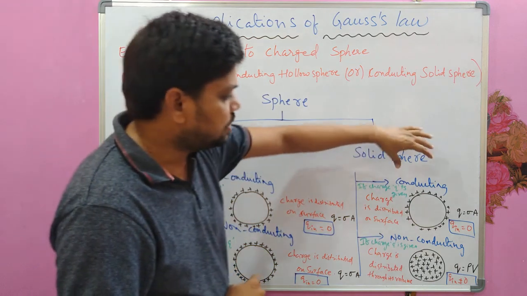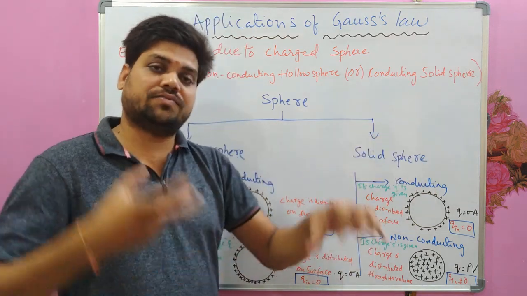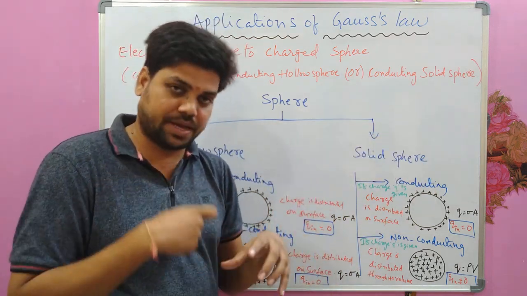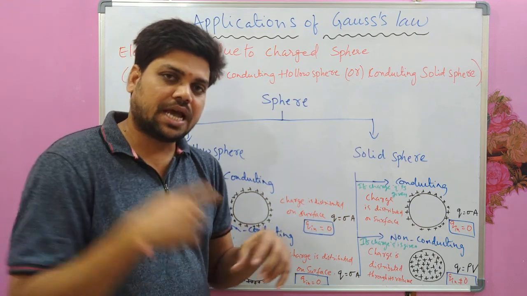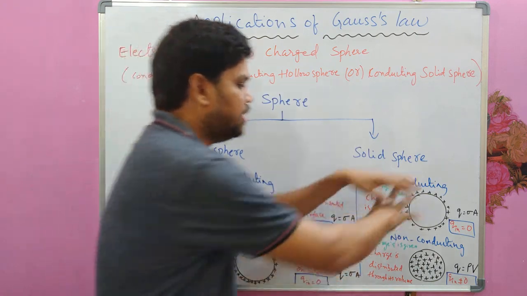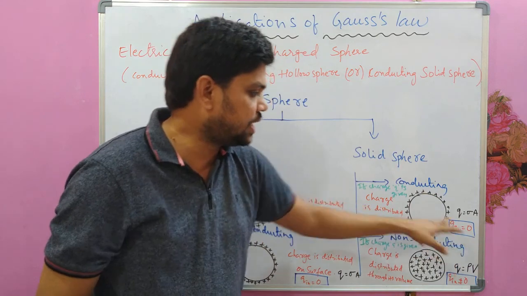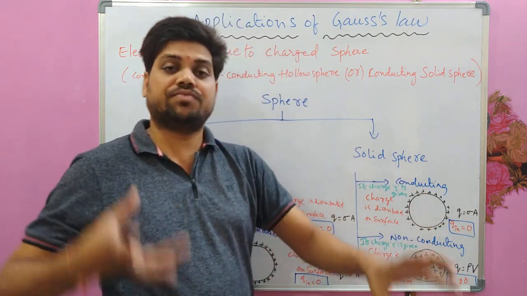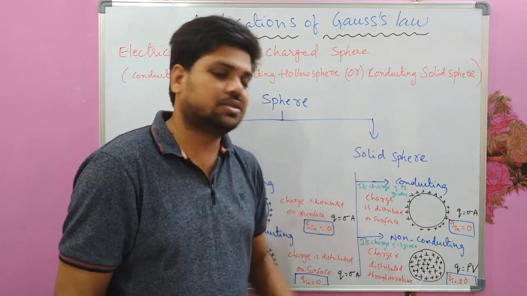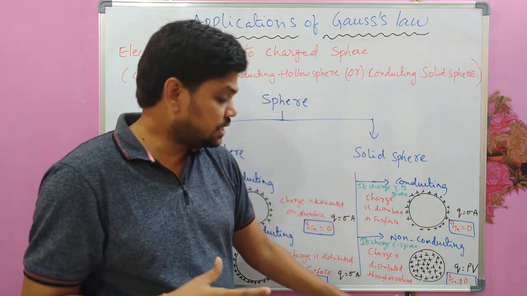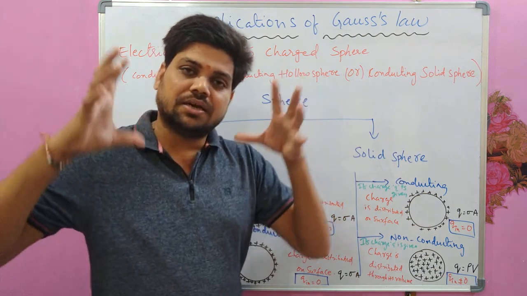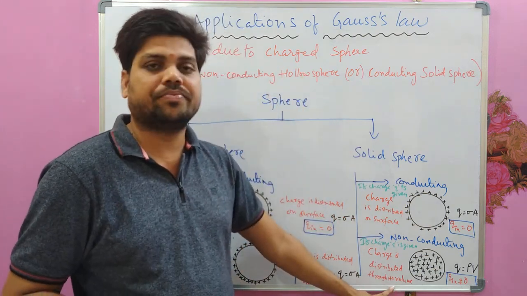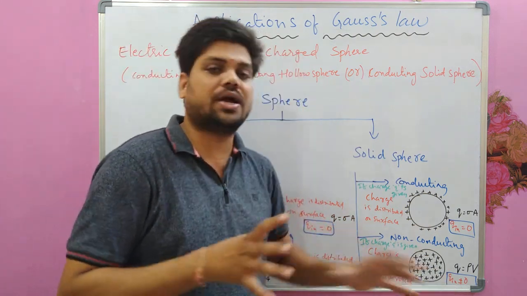And if you take a conducting solid sphere, because of its conducting nature, the charge given is accumulated on the surface and no charge inside. And for the non-conducting solid sphere, because of its non-conducting nature, whatever charge is given to the sphere is distributed through its volume, and Q inside is now not equal to 0.